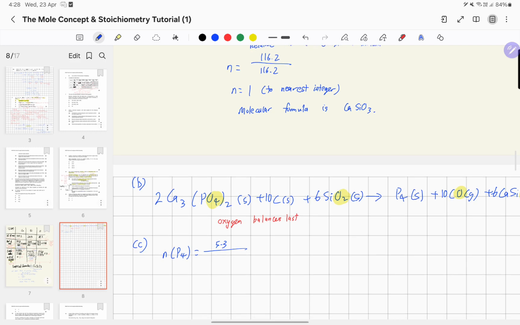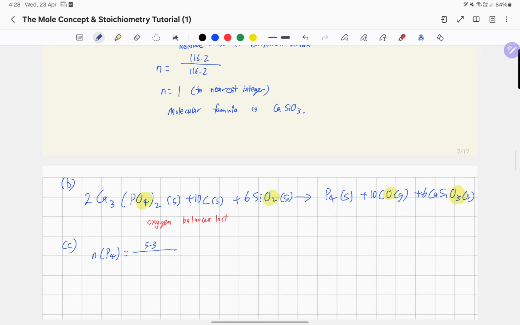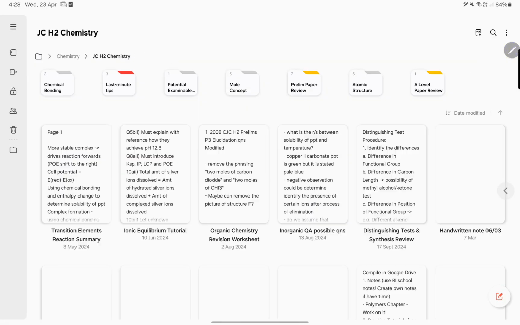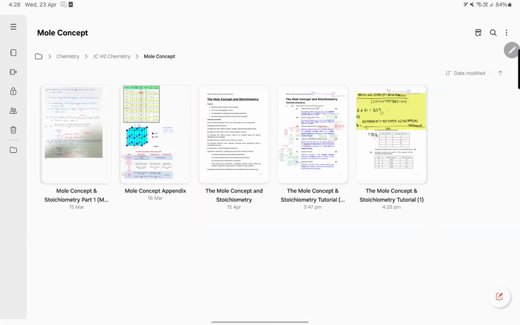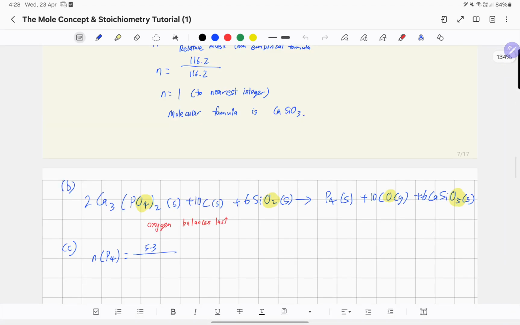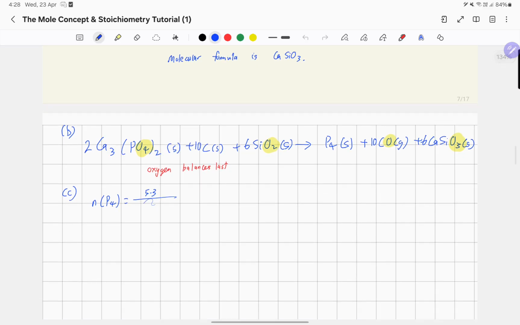P will have a relative atomic mass, let me go check. 31. So 4 times 31.0, this will be 5.3 divided by 4 times 31, 0.04274.